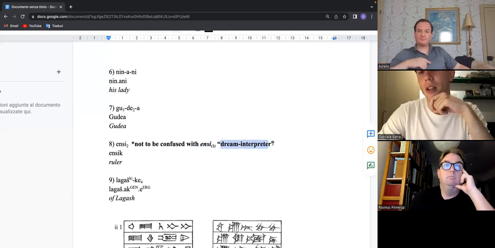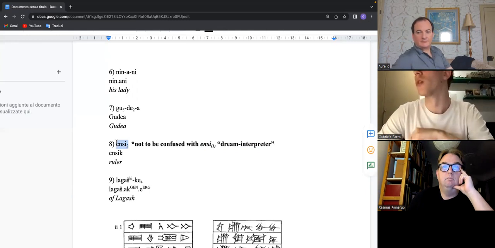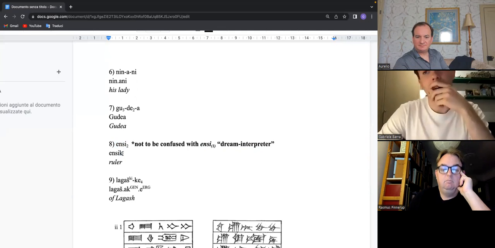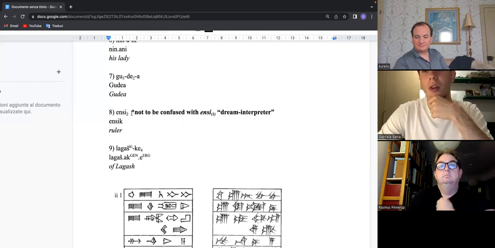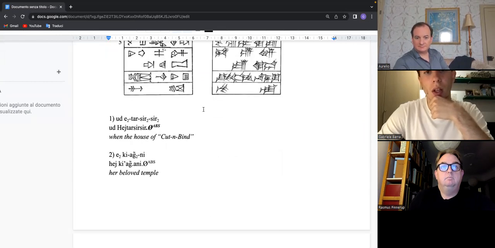The meaning is very different from the ENSI that we often talk about, which is a ruler of a town, and that is ENSI2, which is supposedly written with a K at the end. So I thought I would just point it out because it's useful.